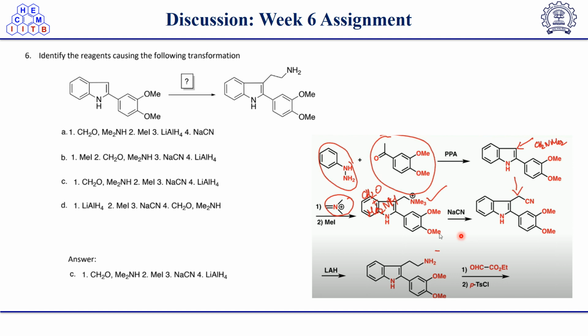So that is the correct sequence of the reaction: the Mannich reaction, then methylation forming the quaternary ammonium salt, then NaCN addition, CN minus attacking by nucleophilic substitution, then LAH reduction to form this amine. So that is the correct sequence.